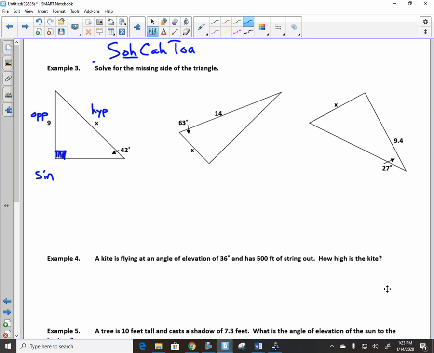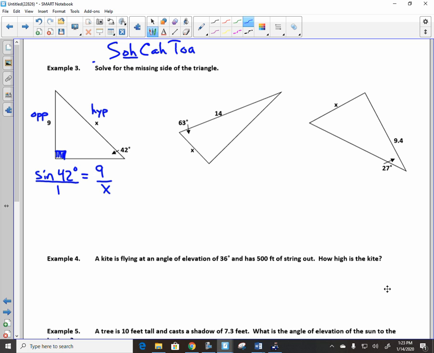Okay, so I have the sine of 42 degrees is then equal to, what's the opposite? 9 divided by what's the hypotenuse? X. So I'm just trying to solve that equation. I make sure I put sine of 42 over 1.